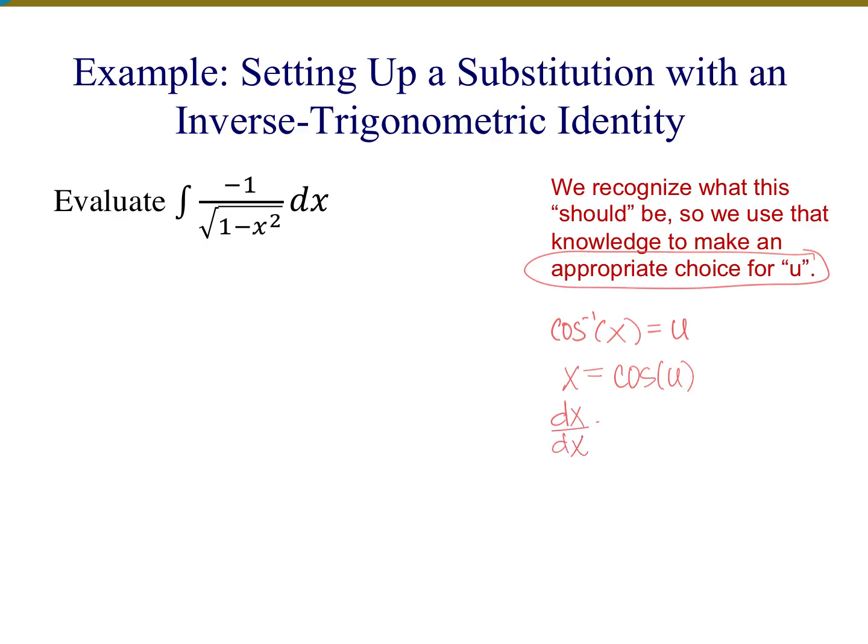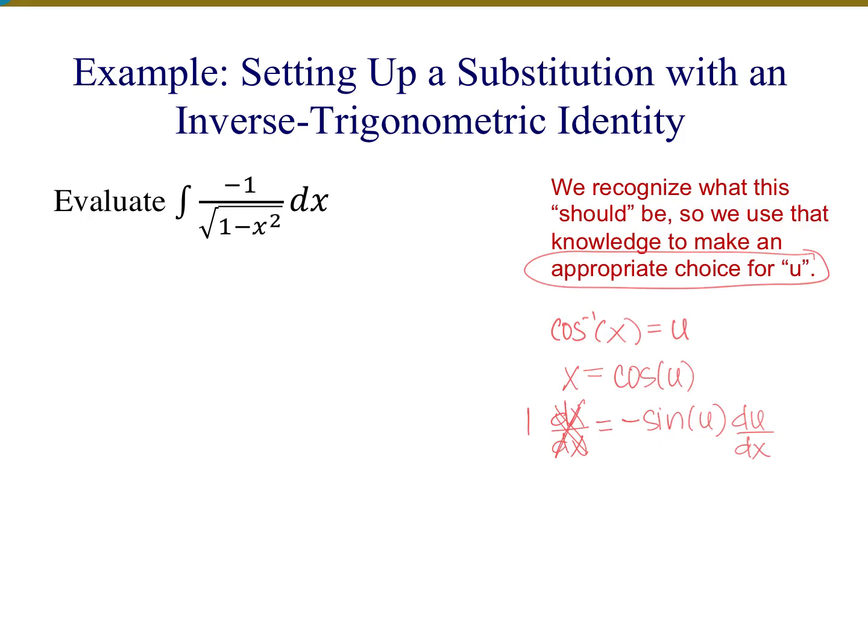dx is equal to, and then what's the derivative of the other side? Negative sine u times du dx. So this one goes away, so we have 1.